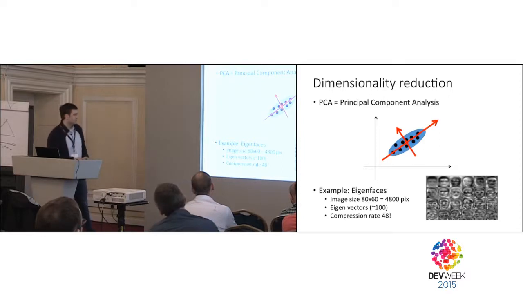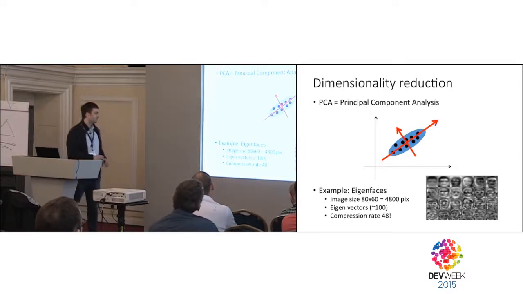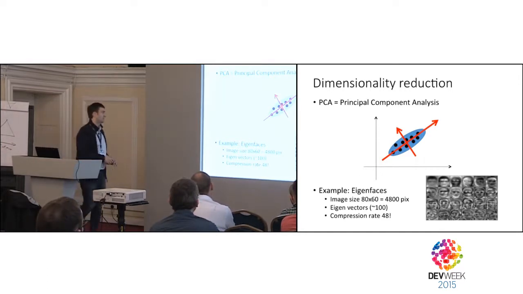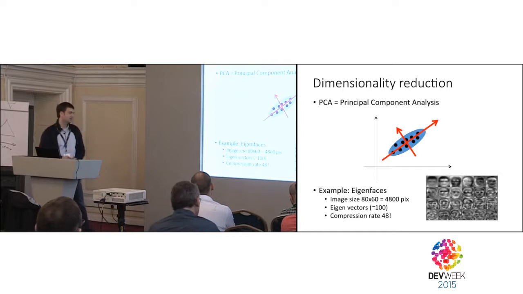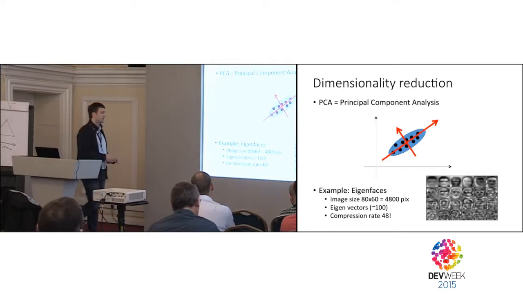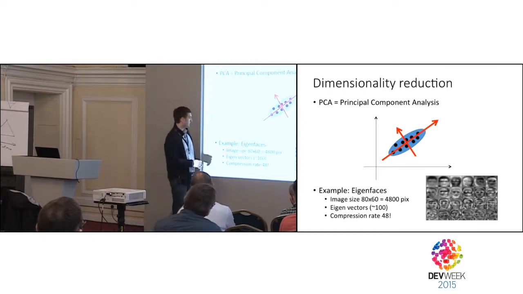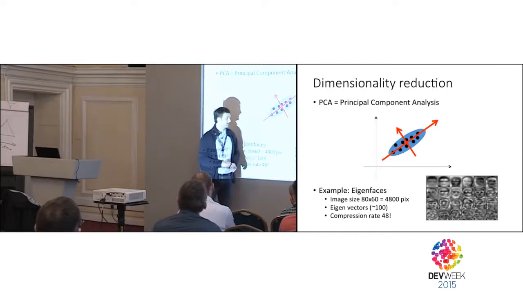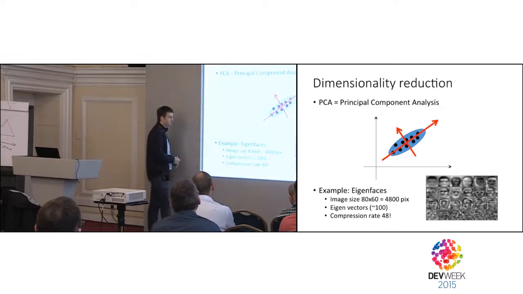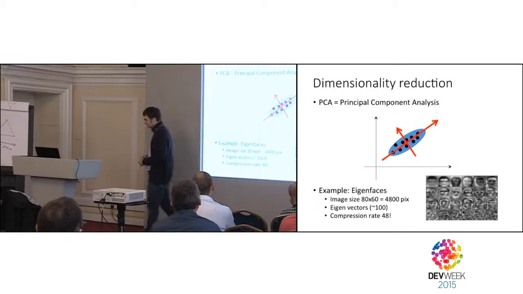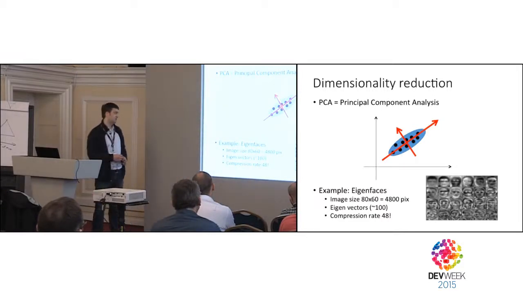I just wanted to say that one of the famous examples of application of PCA for pattern recognition is the so-called eigenfaces problem, where we take multiple faces of people and create a new system of coordinates that represent the most changes of the pixels for faces specifically.